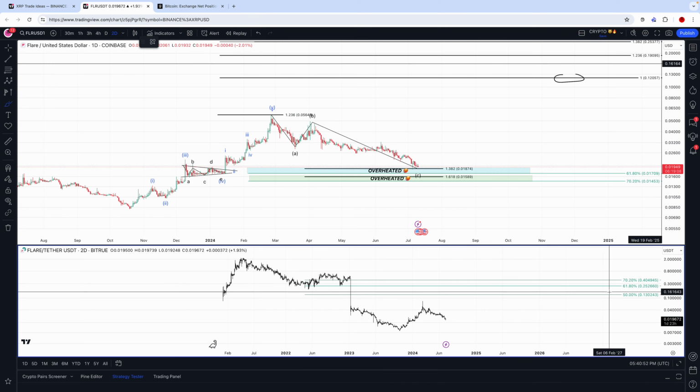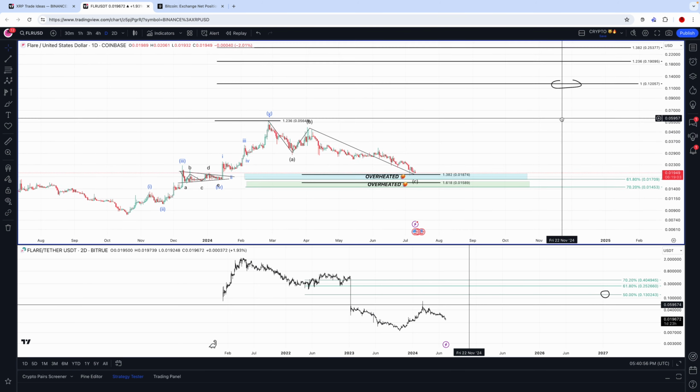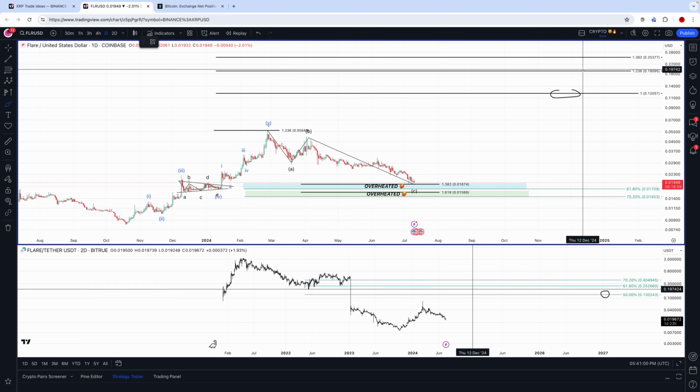You guys see that? And then if we go towards the 1.382, it's sitting right there at 26 cents, so right over here.